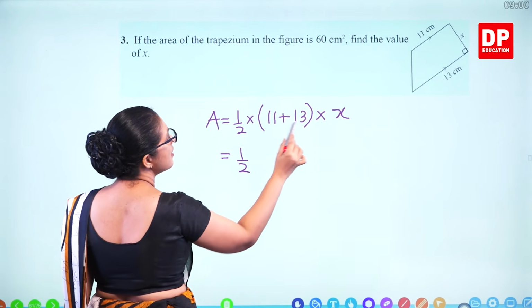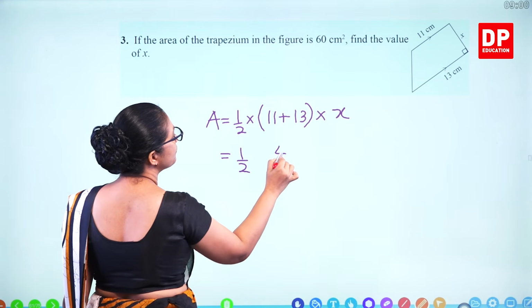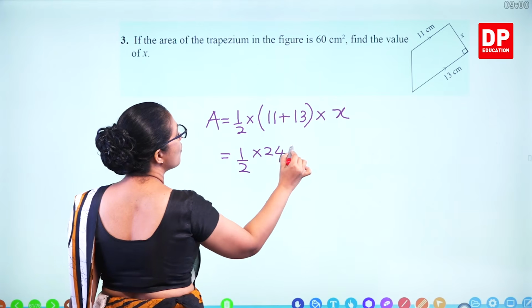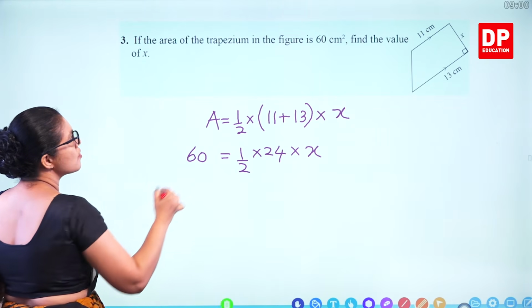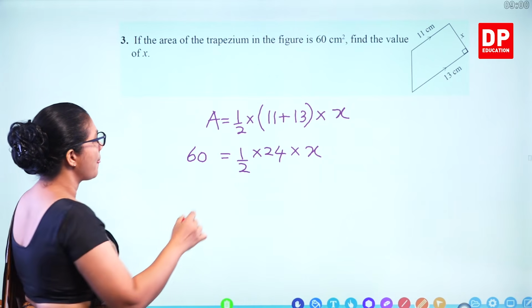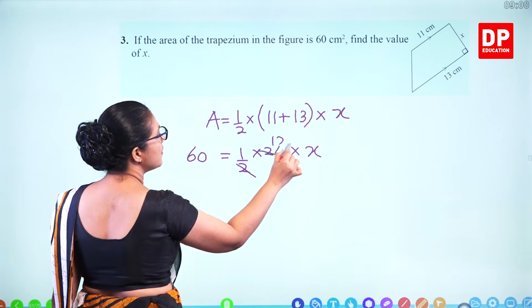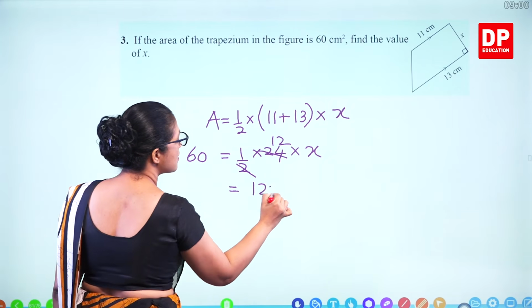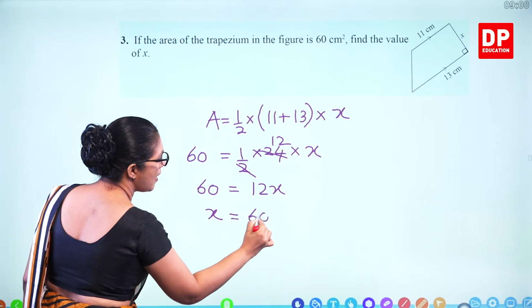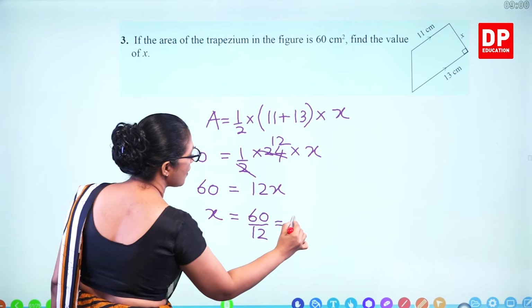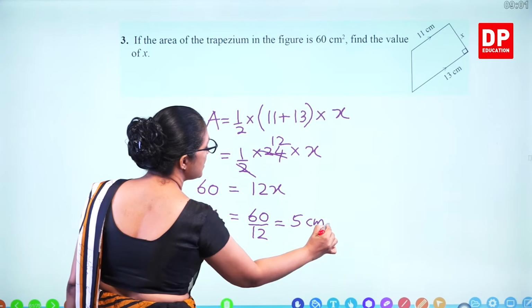Half of the addition of these two, 24x, that's equal to 60 square centimeters. So 2 times 12, so 12x equals 60. What's x? 60 divided by 12, 5 centimeters.